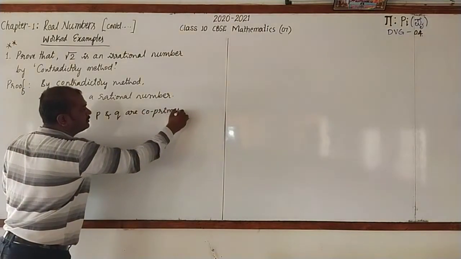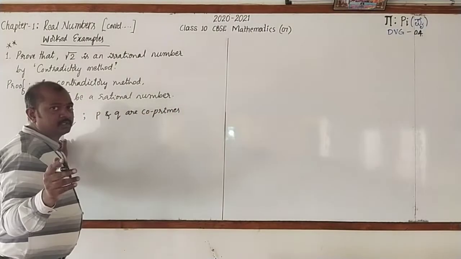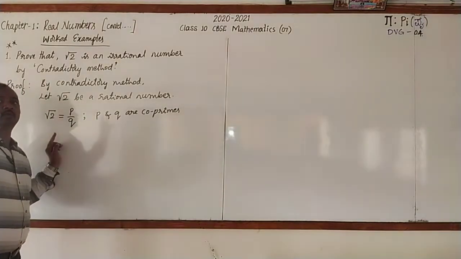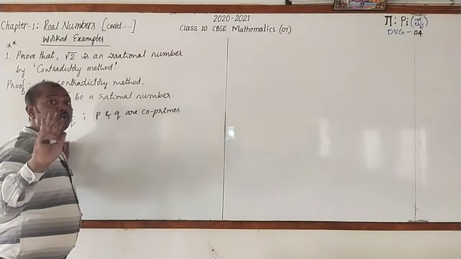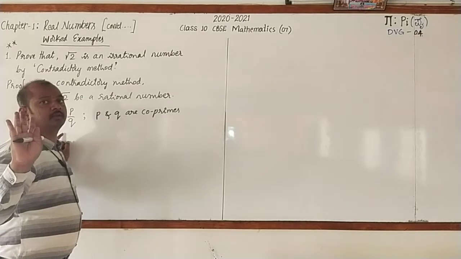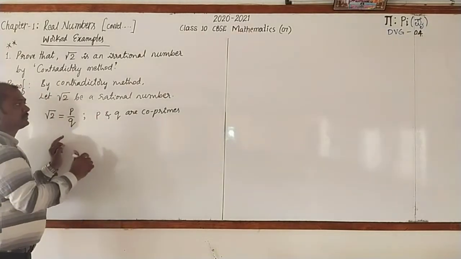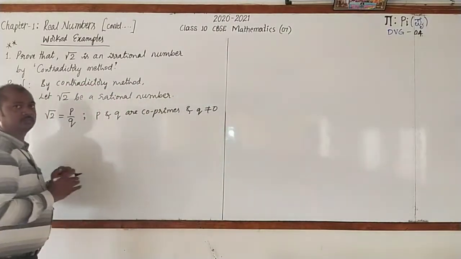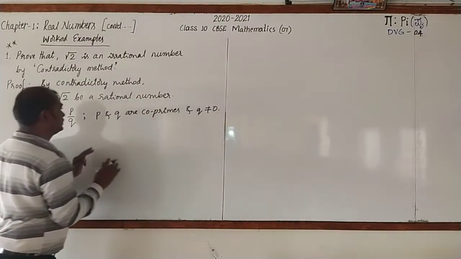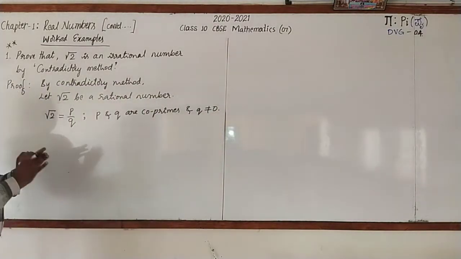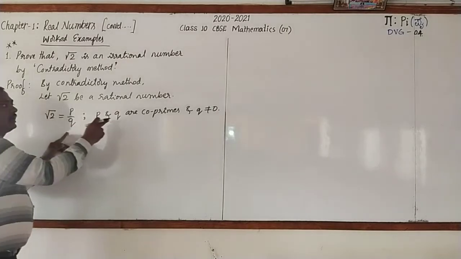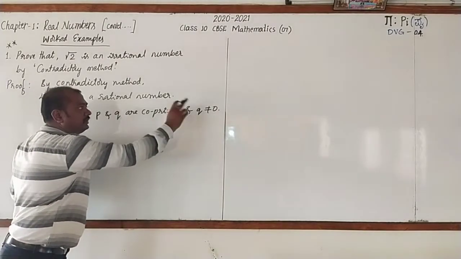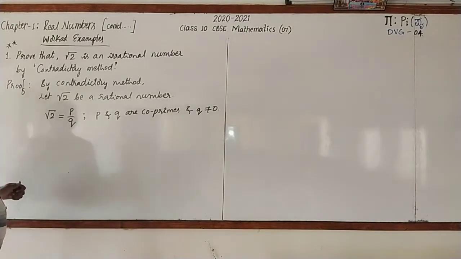Then what are co-primes? A pair of numbers whose HCF is 1, or two numbers having no common factors other than 1. They are called co-primes. And q should not be equal to 0. These are the two conditions. This is our assumption. We have assumed p and q are co-primes and q is not equal to 0.